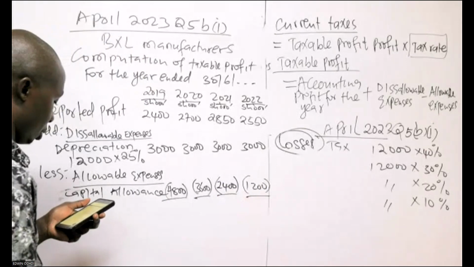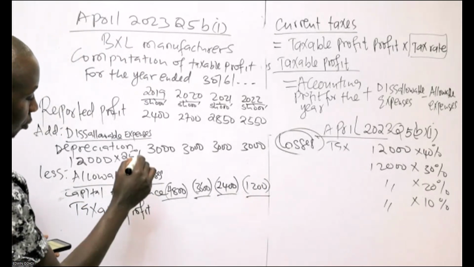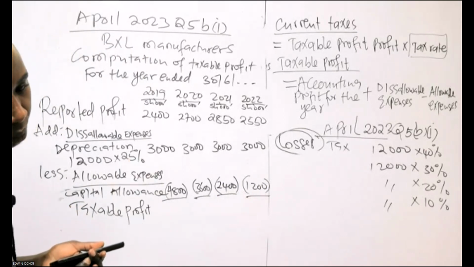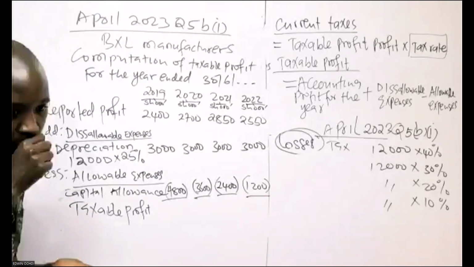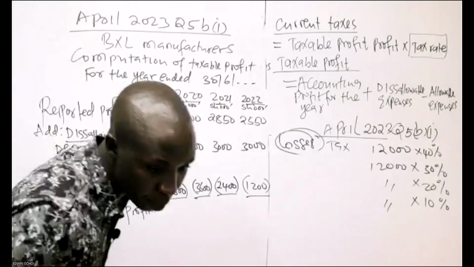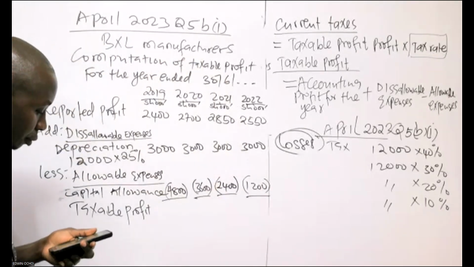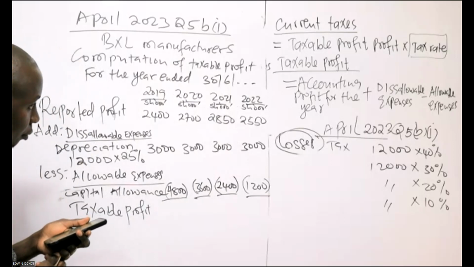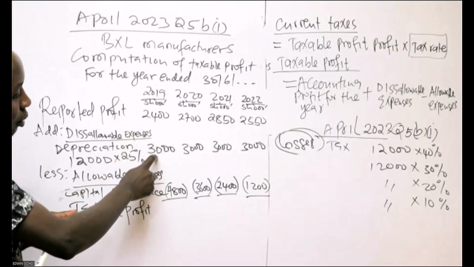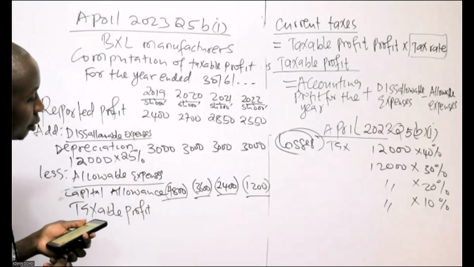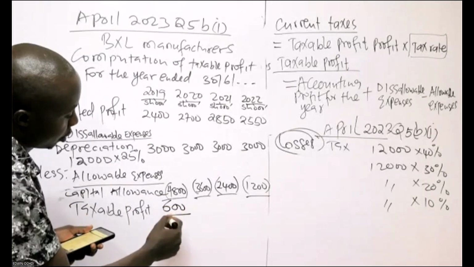So now you can be able to give me the taxable profit. The first one is negative 1,800. It cannot be negative, sorry, 600. This one is 600.